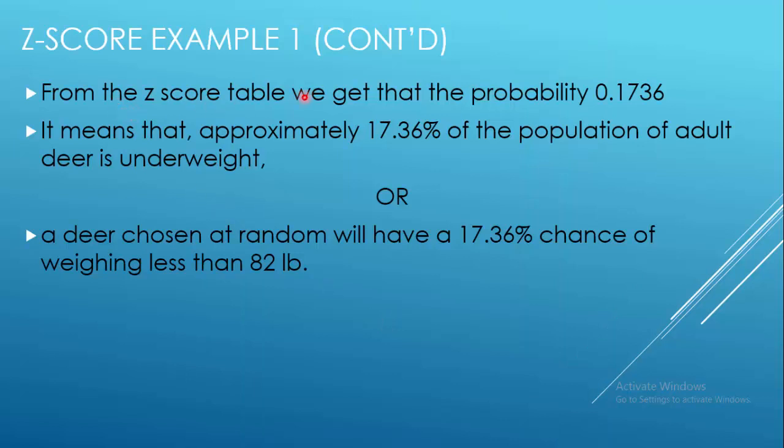So from the z-score table we get the probability 0.1736. It means that approximately 17.36% of the population of adult deer is underweight, or a deer chosen at random has a 17.36% chance of weighing less than 82 pounds.